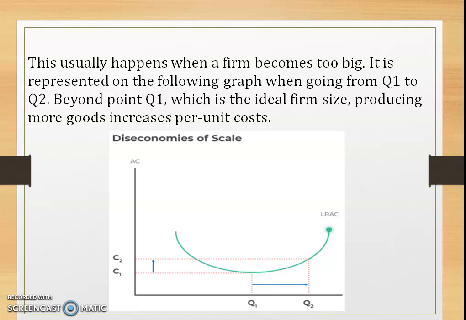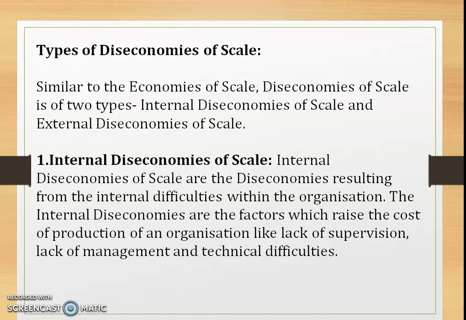So, like economies of scale, we have two types of diseconomies of scale. Those are internal diseconomies of scale and external diseconomies of scale. First, let's see the internal diseconomies of scale. The internal diseconomies of scale are the diseconomies resulting from internal difficulty within the organization.